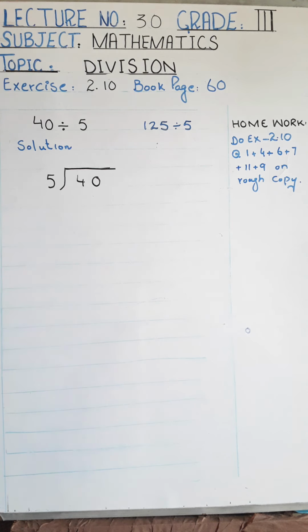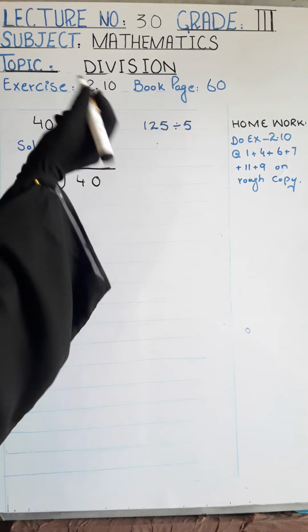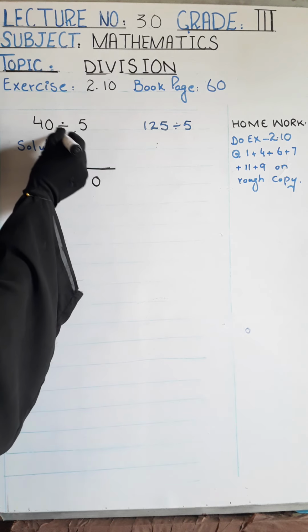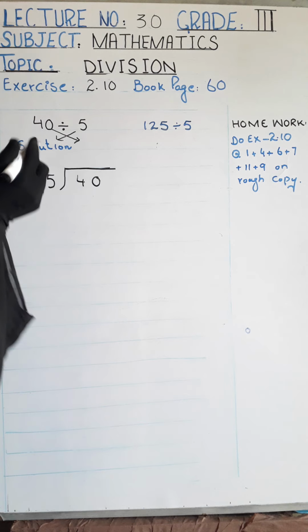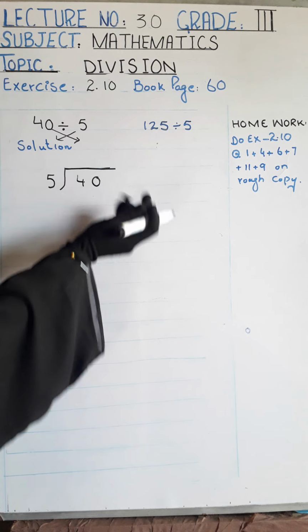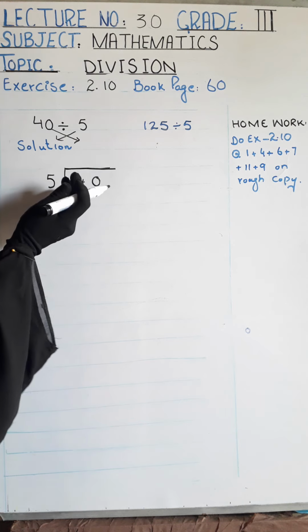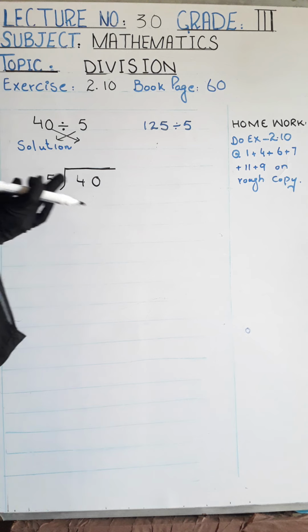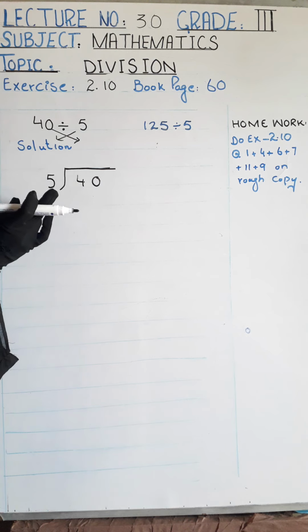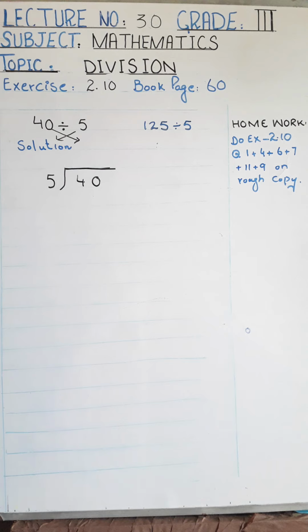Or simply you can say that division is long division, switch off like this. Write it like switch off. Means you write 40 inside this stage and you write 5 outside. Clear?